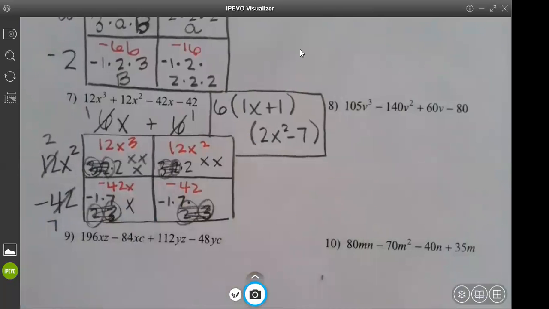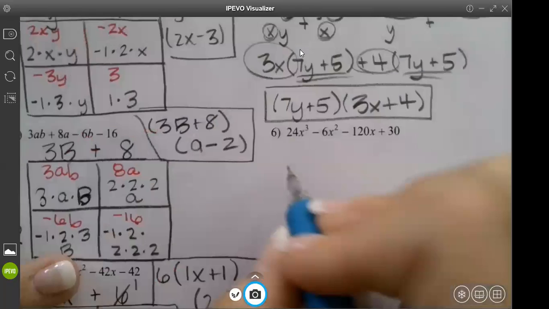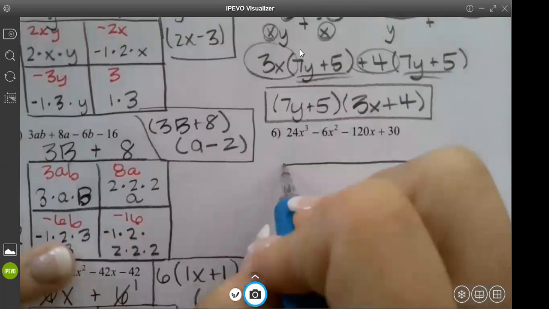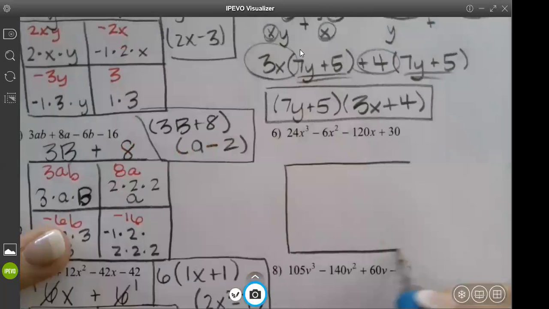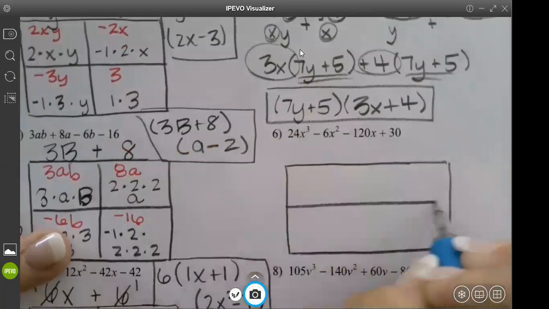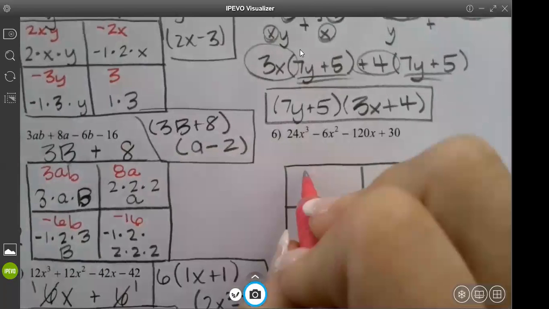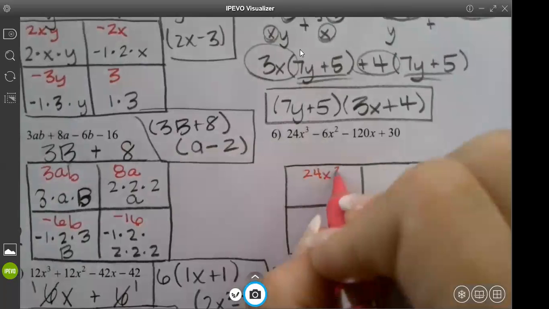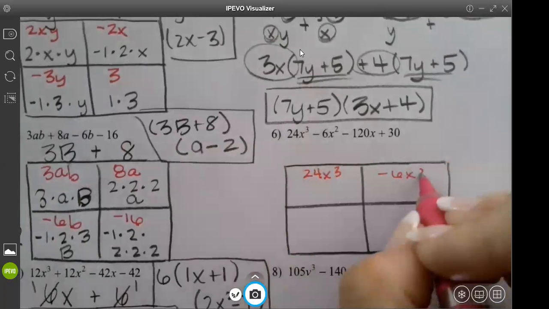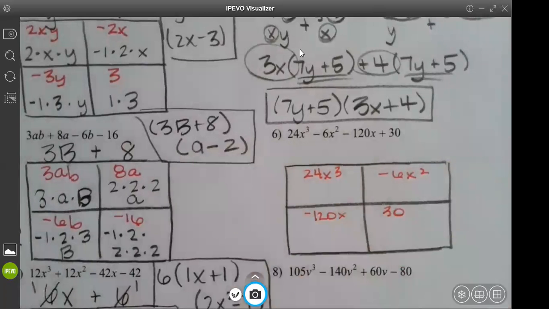Okay. So let's try this again. Look at number 6. We're going to do your big box. We have 24x cubed, negative 6x squared, negative 120x, and 30.